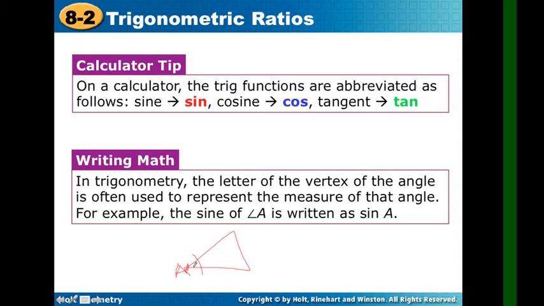So halimbawa, this one is an angle A. So therefore, we have sine of angle A can be written as sin A, para ma-identify mo agad sa calculator kung ano yung pipindutin mo. So, kung cos yan, cos A. Parang ganun siya. Ibig sabihin niya ay sine of angle A. Yun ang ibig sabihin ng sin A or sine A.